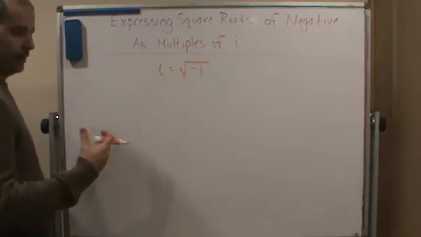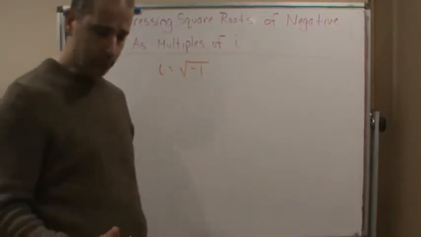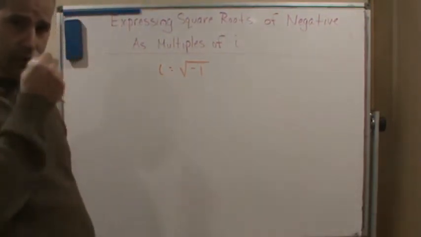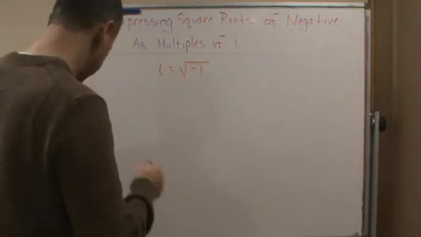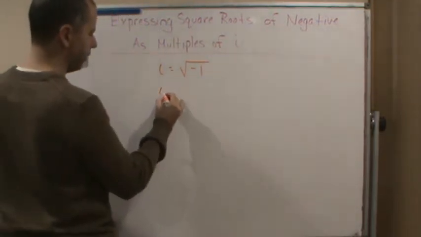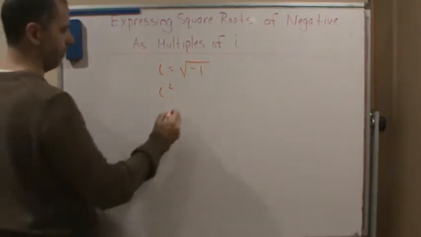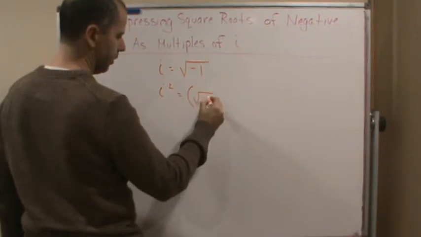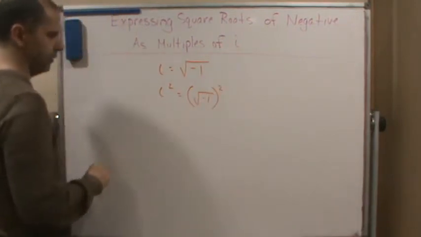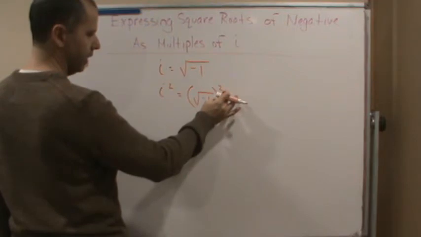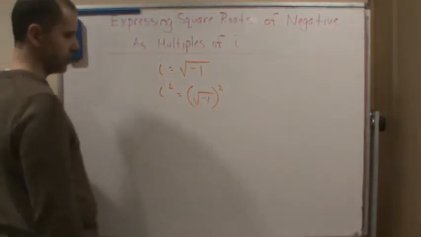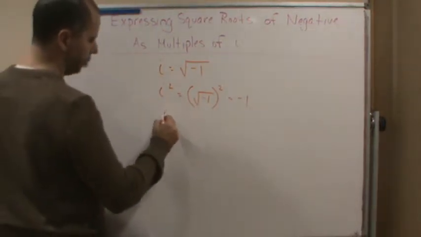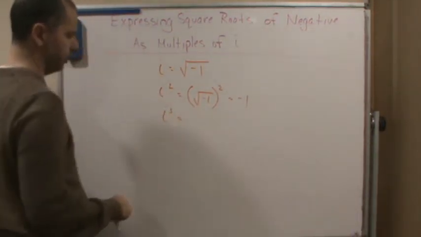Now we have a way that we can use properties of powers and the definition of i to help us solve different problems. For example, what is i squared? It's the square root of -1, squared. The square root is undone by the square, so we get -1. What about i cubed?